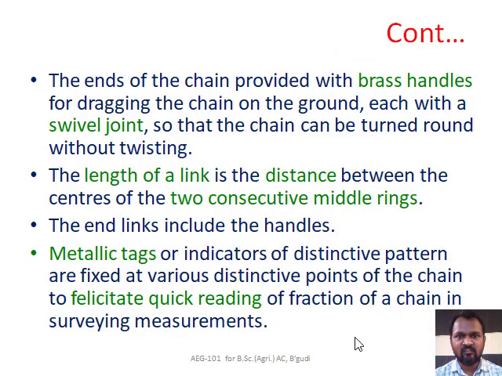The length of the link is the distance between the centers of 2 consecutive middle rings, and the end links include the handles. The metallic tags provided in the chain facilitate quick reading of fractions of chain in surveying measurements.